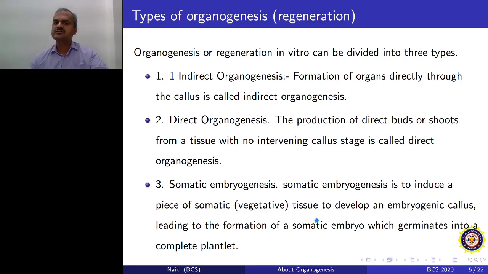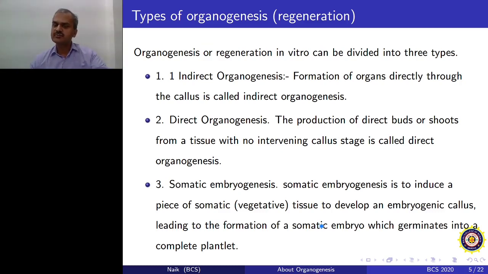After the cotyledonary stage, that particular embryo germinates to form a young seedling. That young seedling will have cotyledons, a hypocotyl, an epicotyl, and if it further proliferates, it will form a first leaf, second leaf, and so on. It will form a mature plantlet. So that is direct somatic embryogenesis.